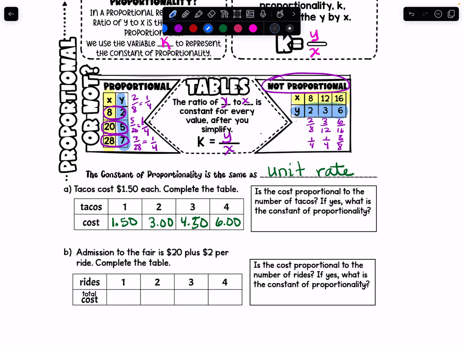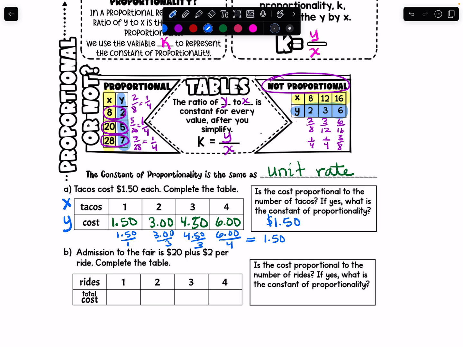And the answer is yes, because if we did y over x for each of these numbers in my table, they all simplify to the same thing, which is $1.50. So because they all simplify to the same thing, we can say it's a proportional relationship. And that thing that they all simplify to, that $1.50 for 1, is our constant of proportionality.